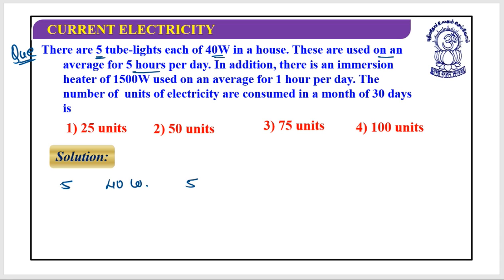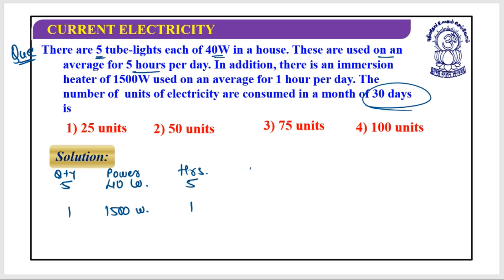This is quantity, this is power, and this is number of hours they are going to be used. In addition, there is an immersion heater of 1500 watt used on an average 1 hour per day. The number of units of electricity consumed in a month of 30 days.